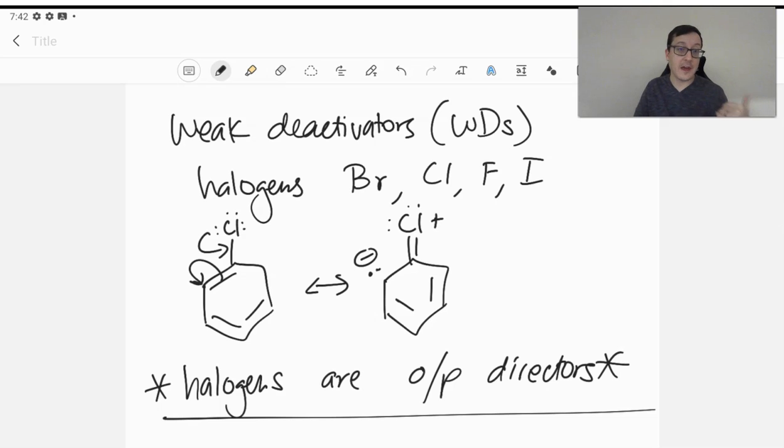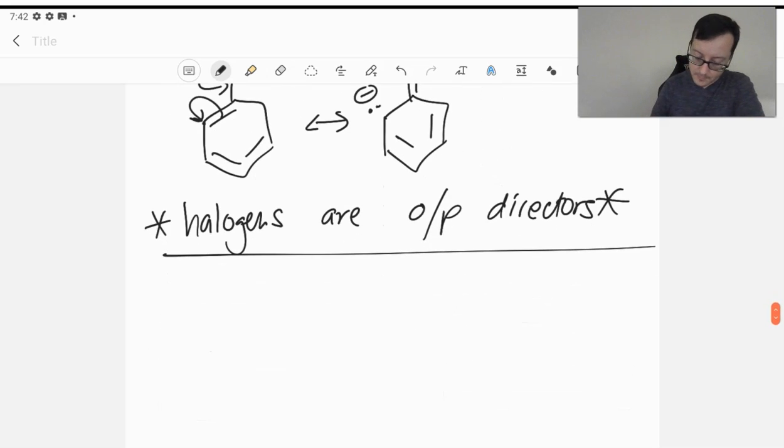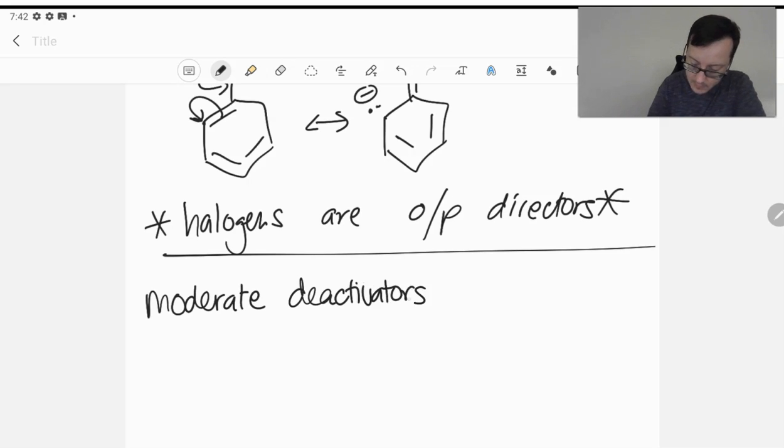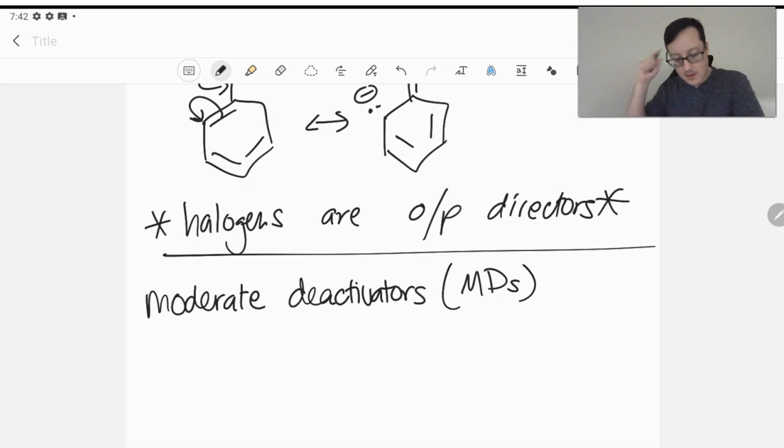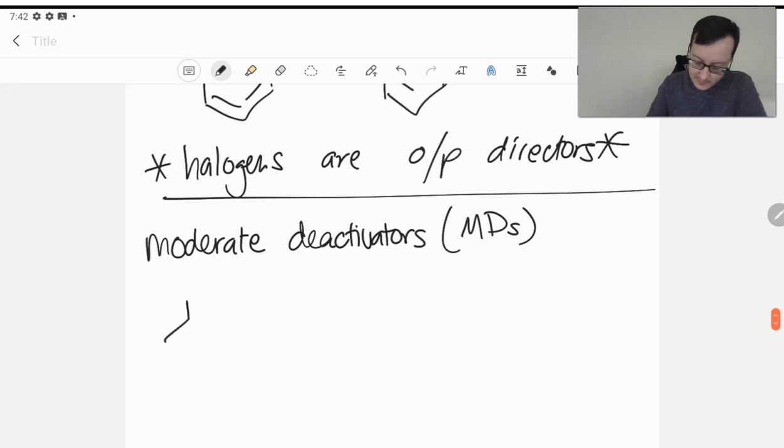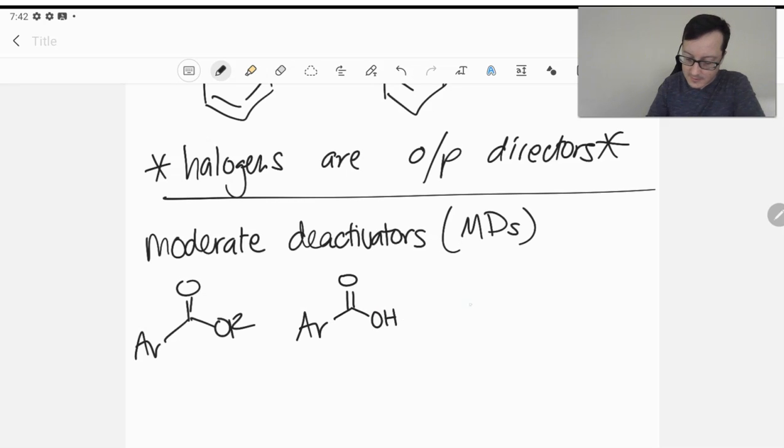We're going to see our other two categories, our moderate deactivators and our strong deactivators, are all going to be meta-directors because they can't resonate into the ring. They can only withdraw. So let's take a look at our moderate deactivators here. Those are our MDs. We're going to see all of the carbonyls. We have our esters, we have acids, we have ketones, we have aldehydes.